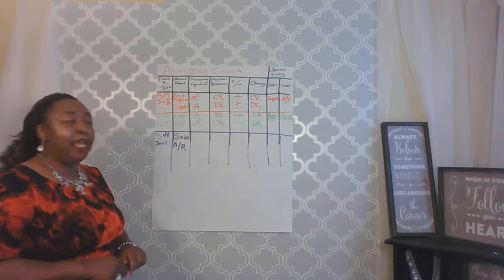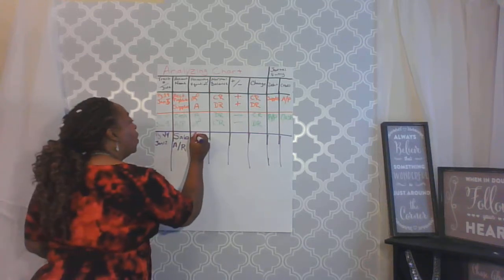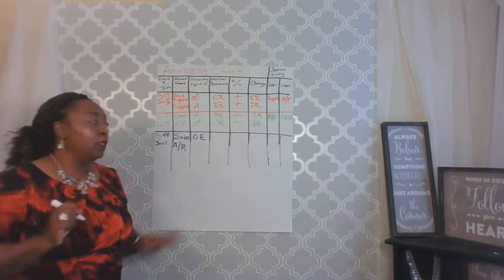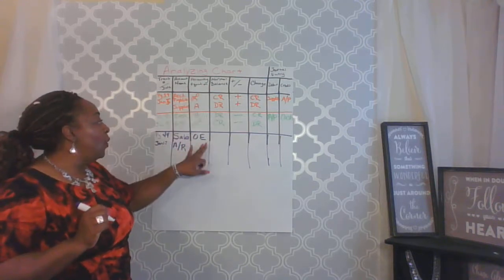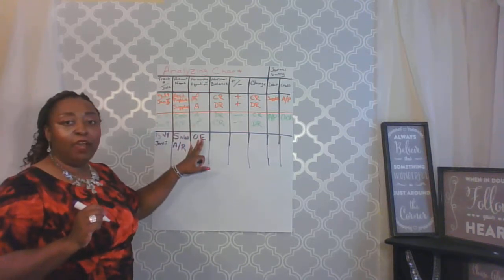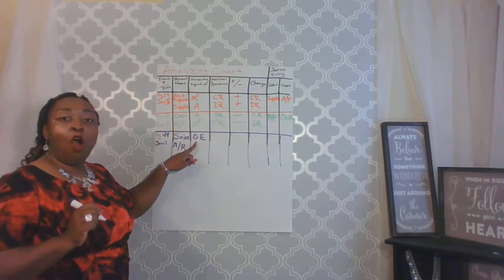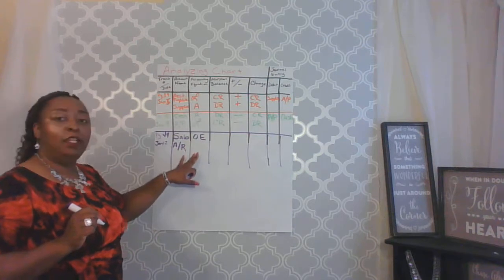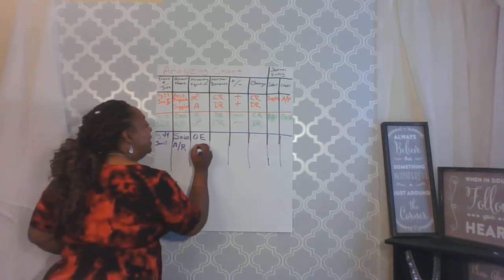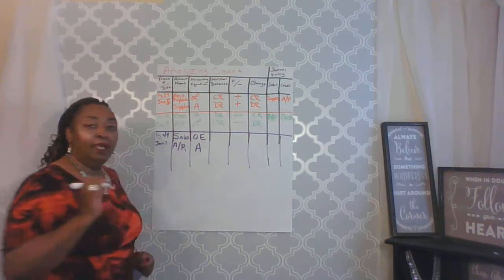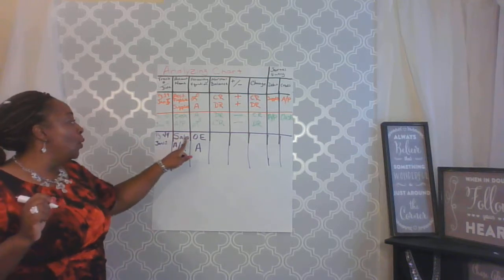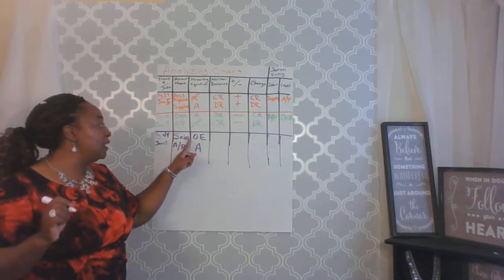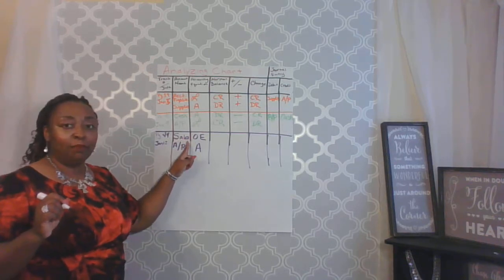So what type of account is sales? Sales is owner's equity. I'm sorry. Where does sales fit in the accounting equation? It's owner's equity. Where does accounts receivable fit into the accounting equation? That is an asset. So, do I have more or less sales based off this transaction?